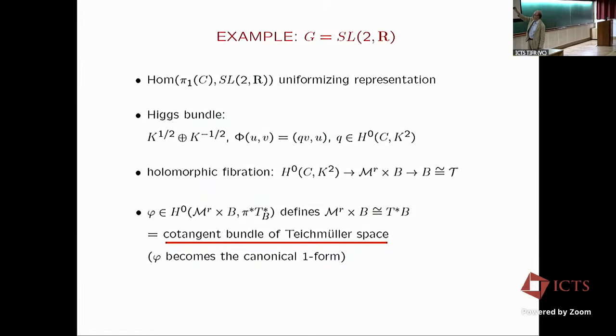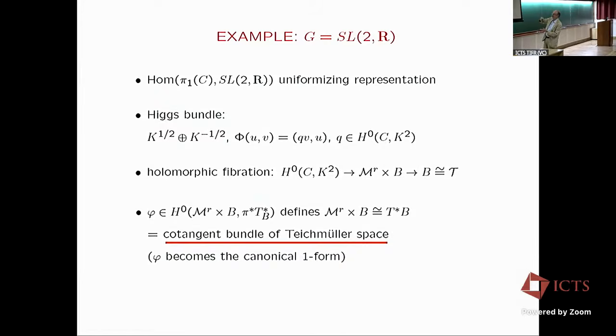So it identifies this total space holomorphically with the cotangent bundle of Teichmüller space. Under this identification, phi becomes the canonical one form. If you have something which fibers over a base, and you have a section of the pullback of the cotangent bundle, it defines a map from that total space into the cotangent bundle.